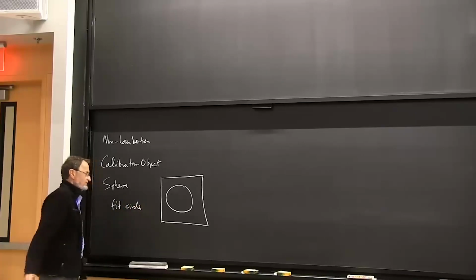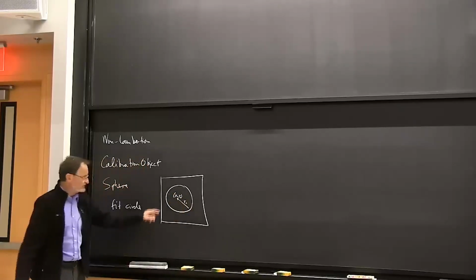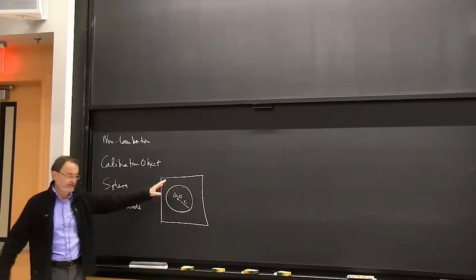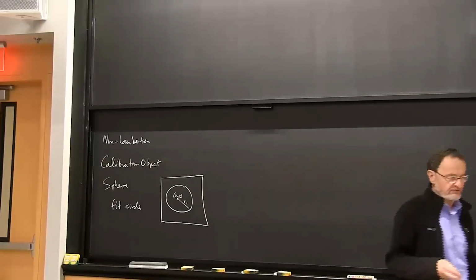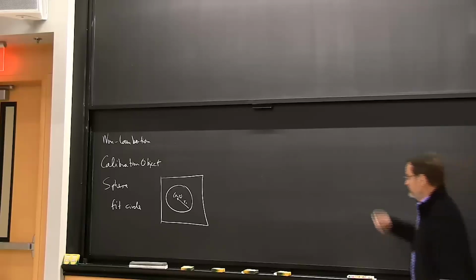Okay, so we take this image, and then we fit a circle. And what does that mean? That means we find estimates for the center and the radius such that all points within that are bright and all points out are not. And you can do some subtle, clever things to make that accurate to sub-pixels and so on, but we won't talk about that now.